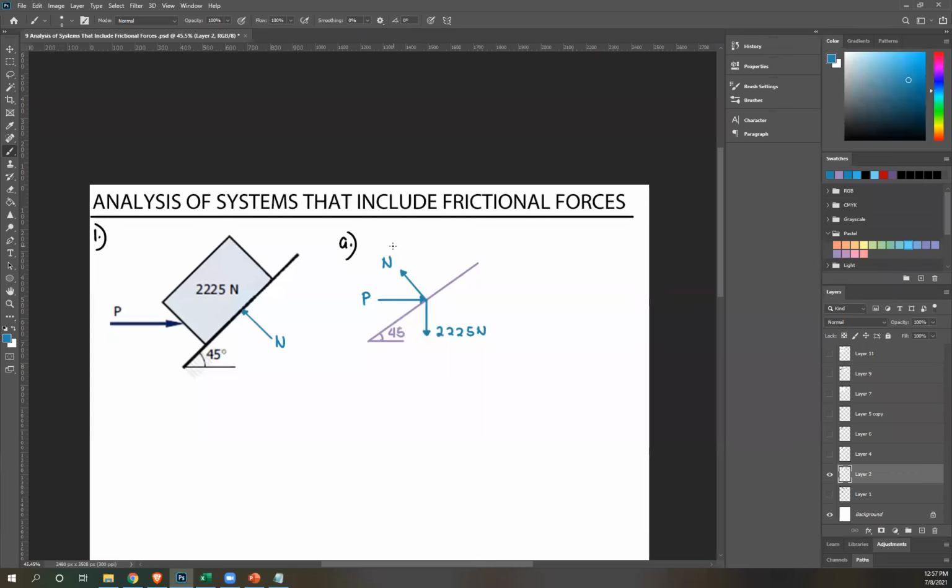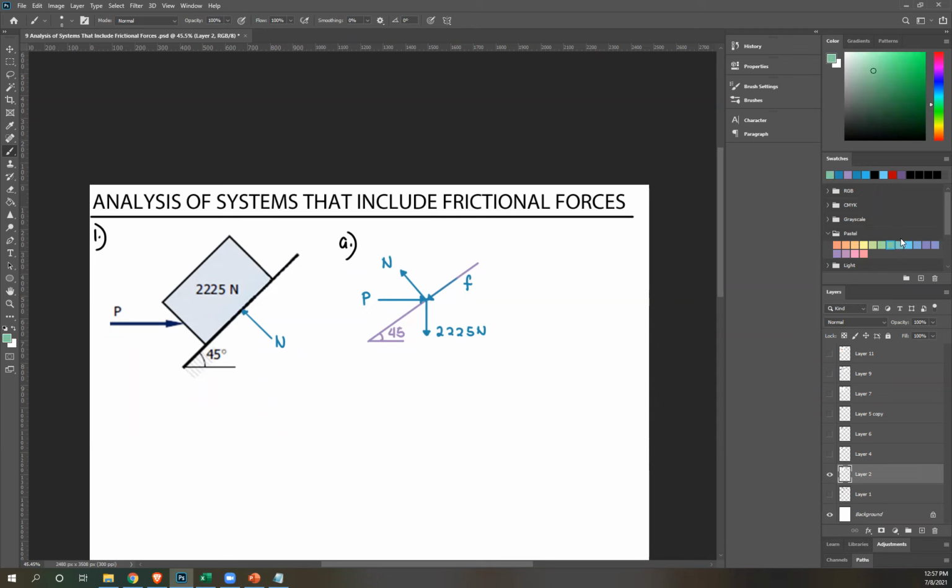And what else? Remember, we have impending motion upward, so the tendency of the block is to move upward for part A. Friction is opposing that, so it's going to be downward. If we draw that, it looks something like this. So that's your free body diagram. Next, let's include your angle.